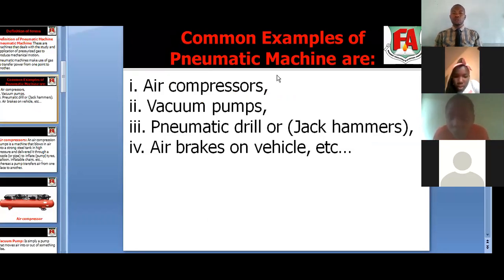We have air compressor, vacuum pump, pneumatic drill or jack hammers, and air brakes on vehicles, etc.